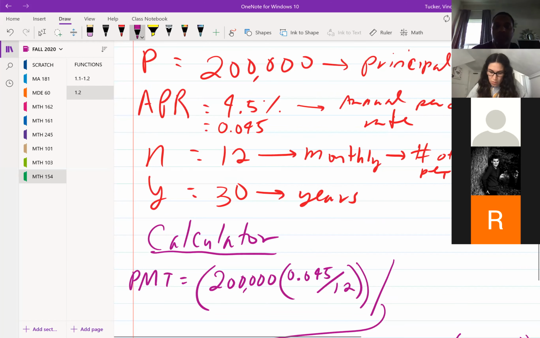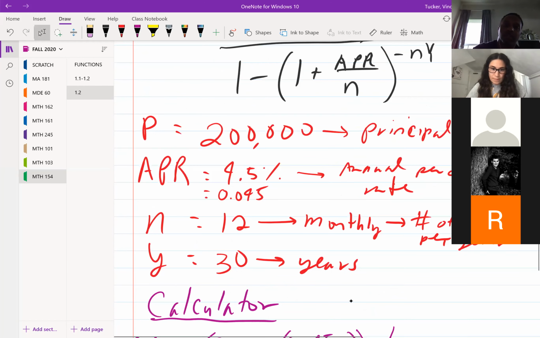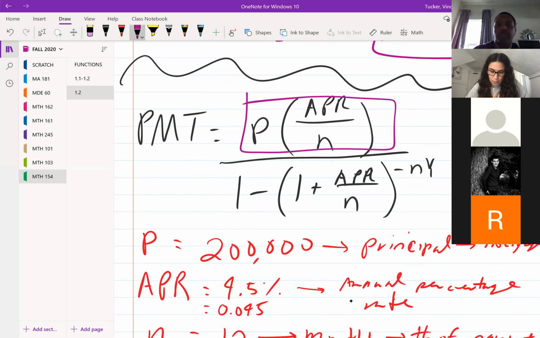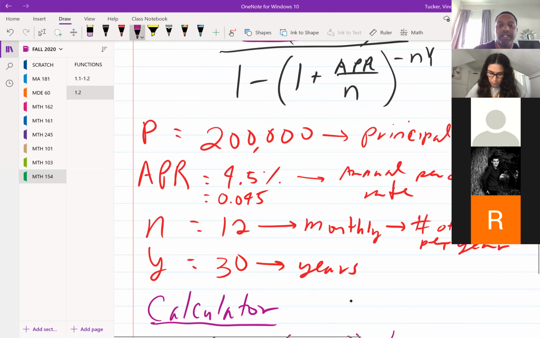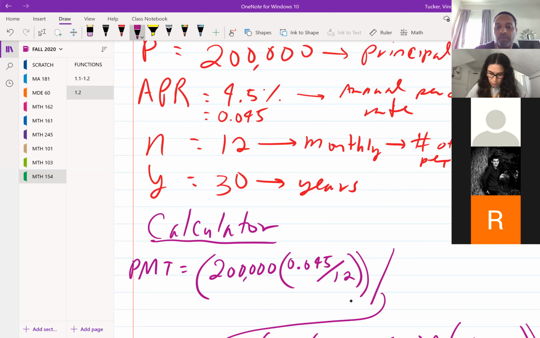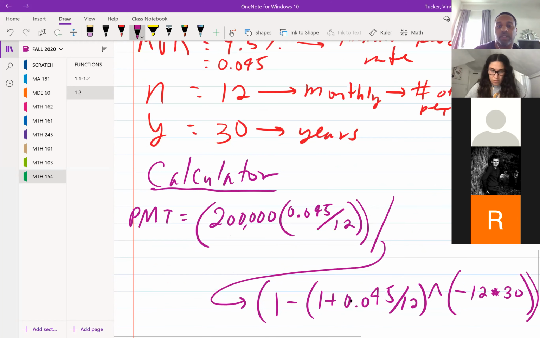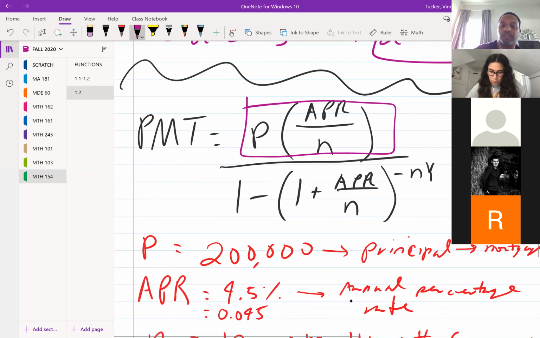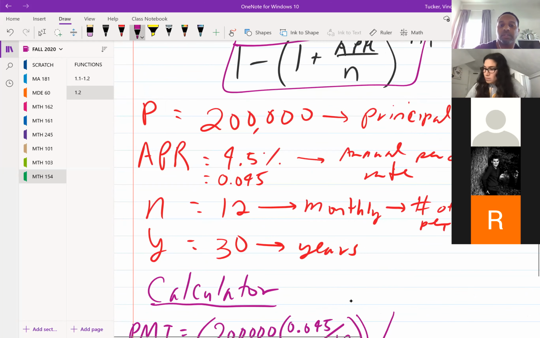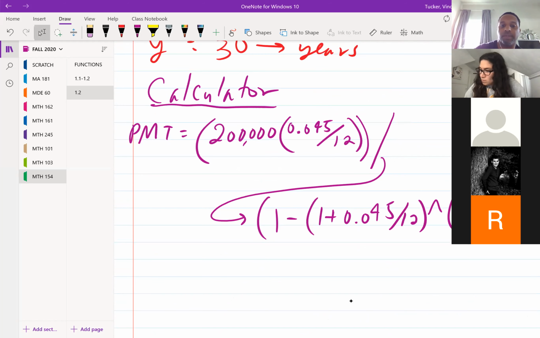I put parentheses around all of this, so that's 200,000 times the 0.045 divided by 12. Then on the bottom, I put parentheses around all of this with the division sign in the middle. So always make sure you close out your parentheses.